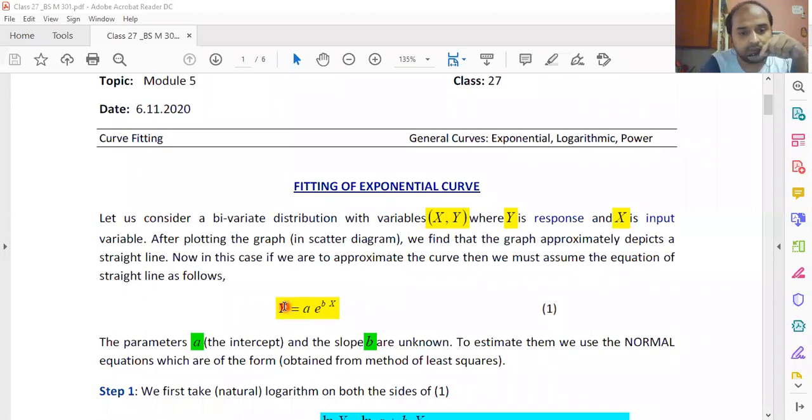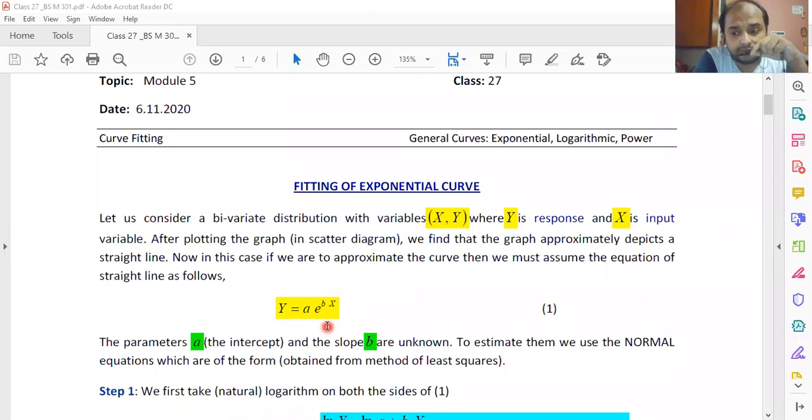See the form of the equation. It is capital Y is equal to small a multiplied by exponent of b multiplied by capital X, where small a and small b are the parameters and they are unknown. We have to take the help of the normal equations to get the values of these unknowns, small a and small b.